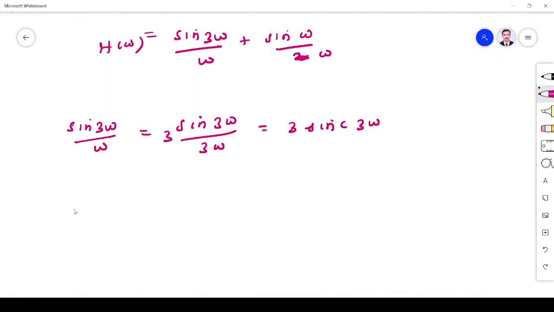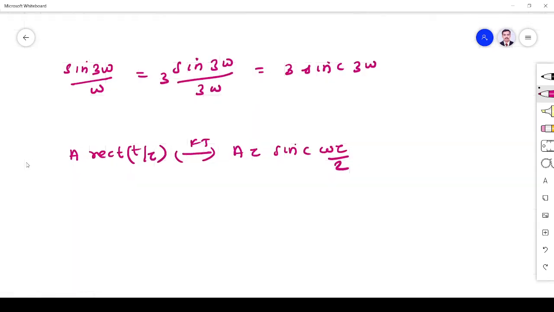I know for a rectangular pulse, rect(t by tau), the Fourier transform is A tau sinc(omega tau by 2), right? If I draw it in graphical representation, the pulse extends from minus tau by 2 to tau by 2 with height A, and its Fourier transform is a sinc function.